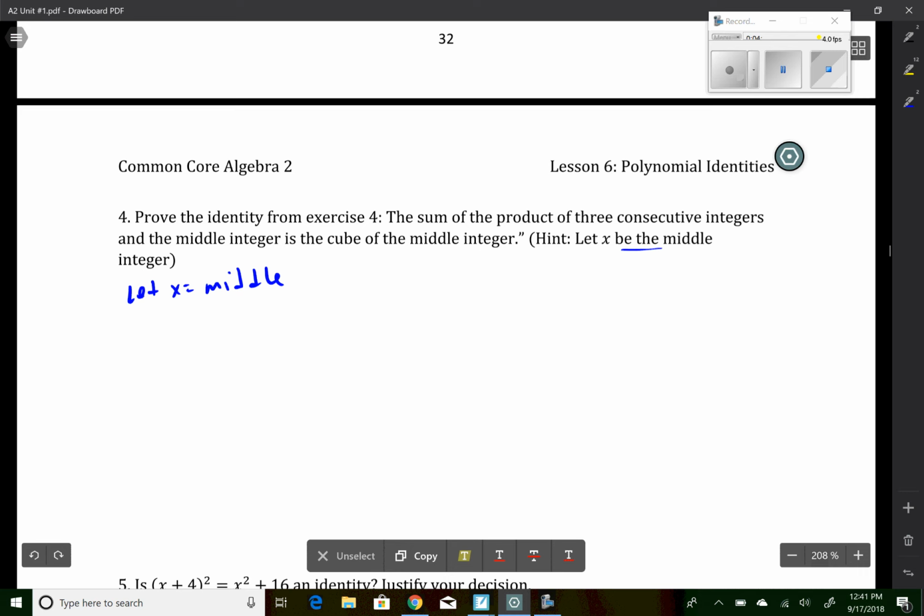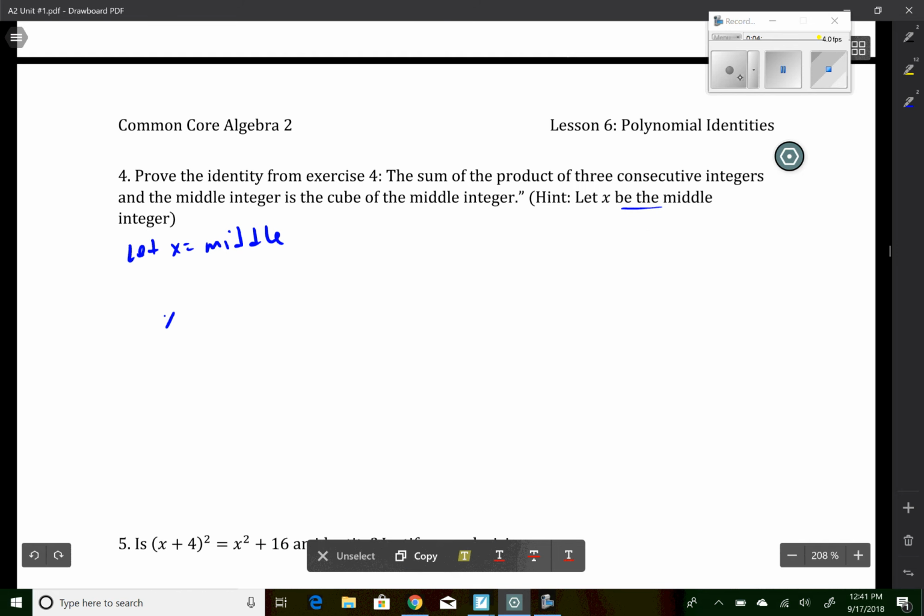The reason why we're letting x is that's the piece that kind of means the most, so it'll be the least amount of work that way. So we'll make x plus 1 equal the next term to the middle, we'll make x minus 1 equal the previous term to the middle. So it says the sum.